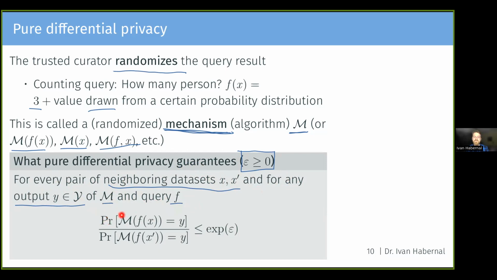So the probability of observing this output given one data set over the probability of observing this same output given the neighboring data set is bounded by this epsilon constant, by this privacy budget. So these are the formal guarantees.